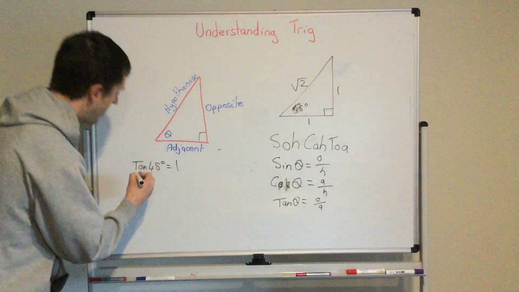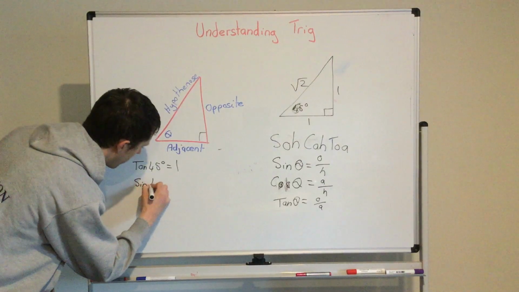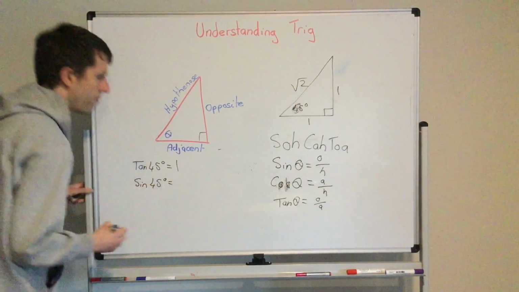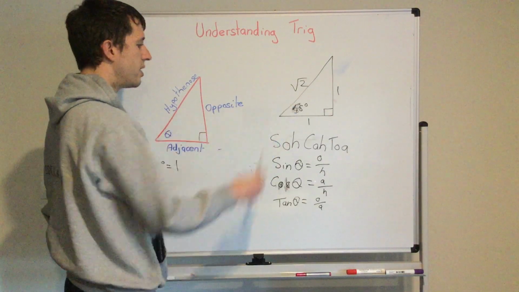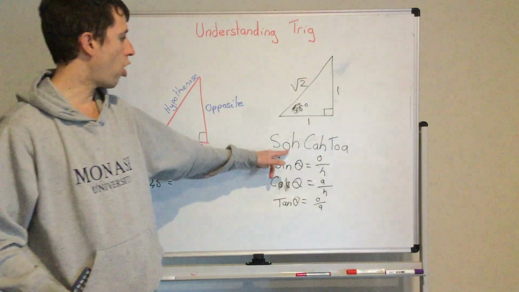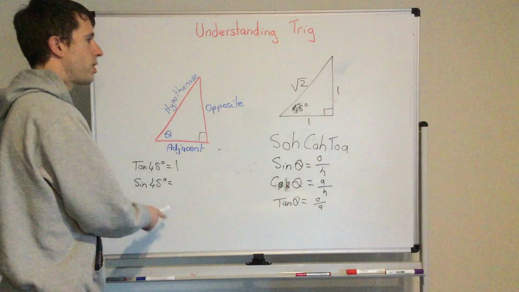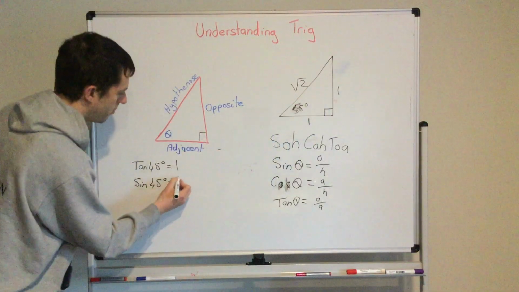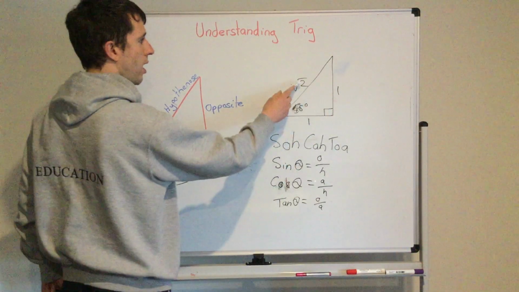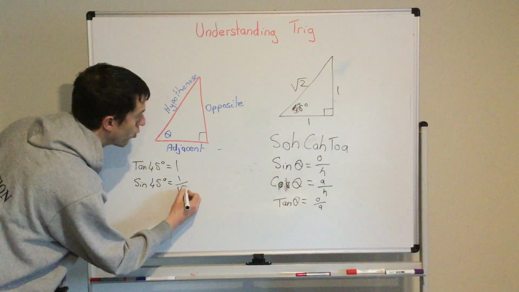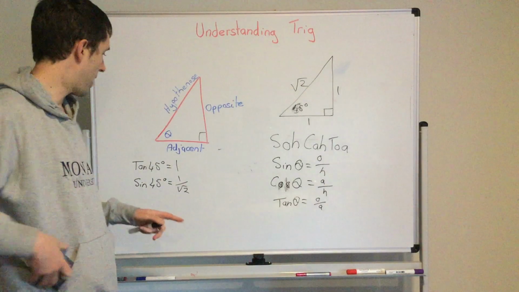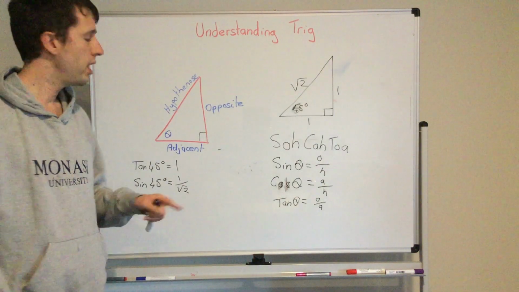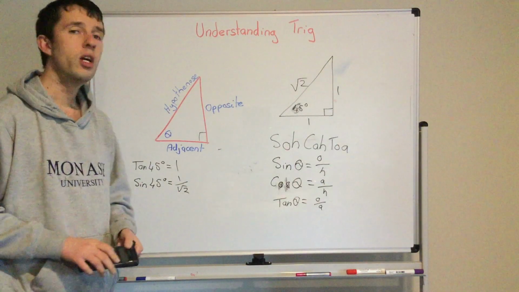Now if I look at sin 45 degrees, this is the angle we're looking at, so sin is opposite over hypotenuse. The opposite is 1 over the hypotenuse, which is square root of 2. Now, unless you've got a graphics calculator, it's not going to show up as 1 over square root 2.